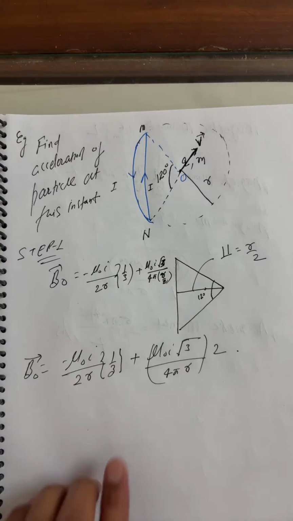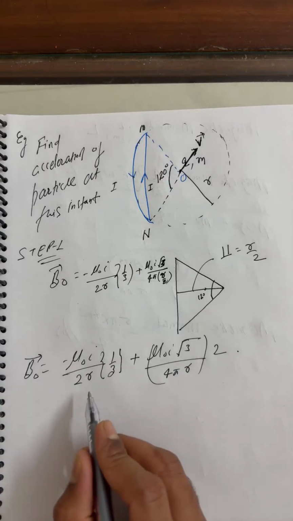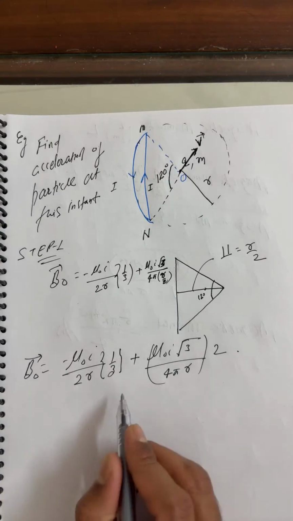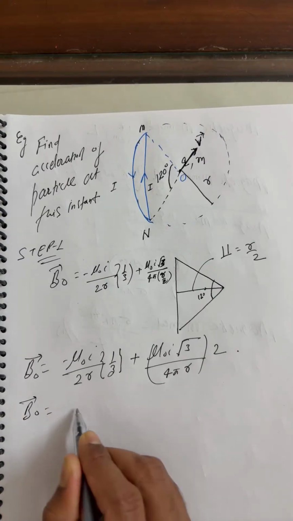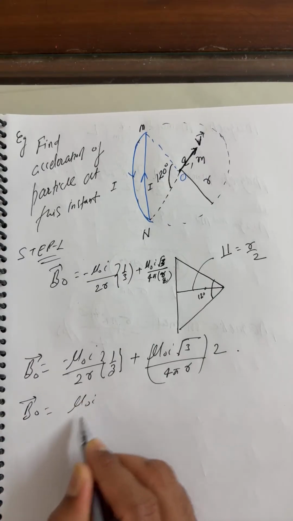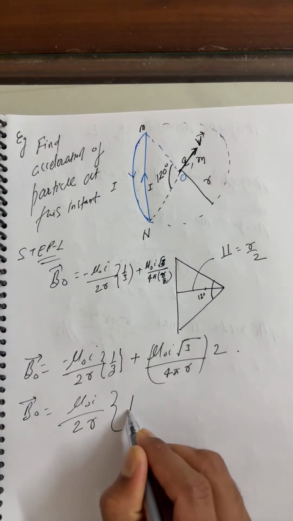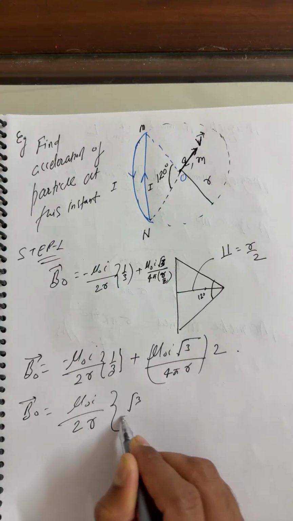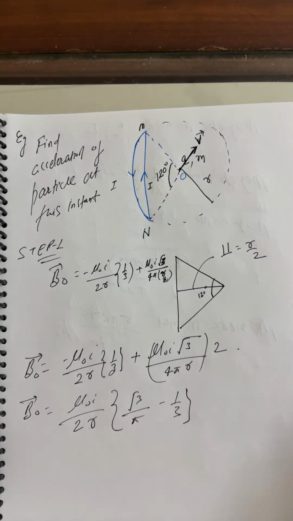The 2 cancels here. So I can take common mu naught into I by 2R. The magnetic field at O is mu naught into I by 2R times root 3 upon pi minus 1 by 3R.